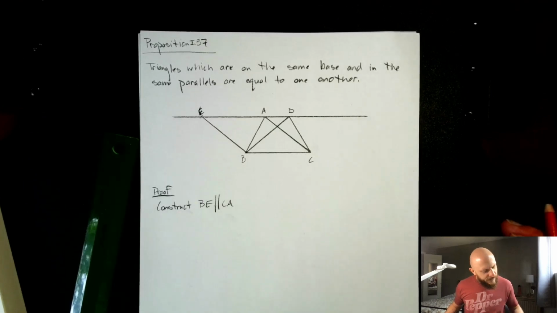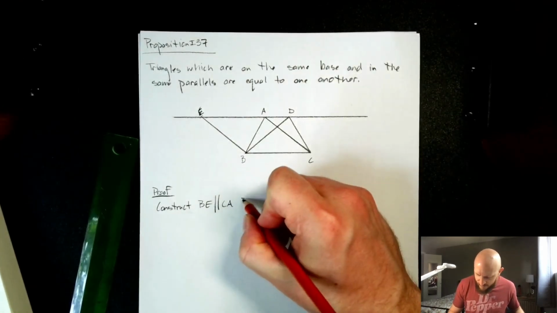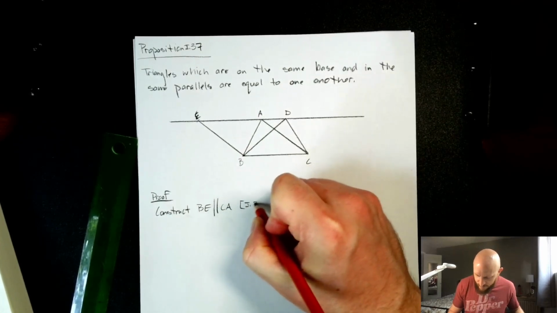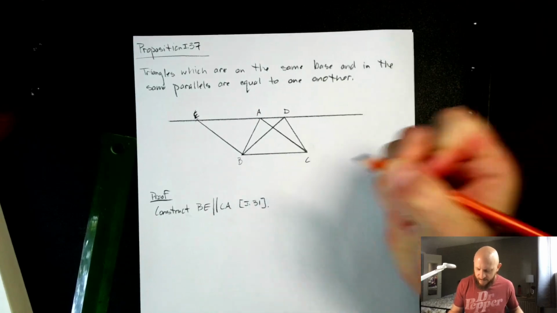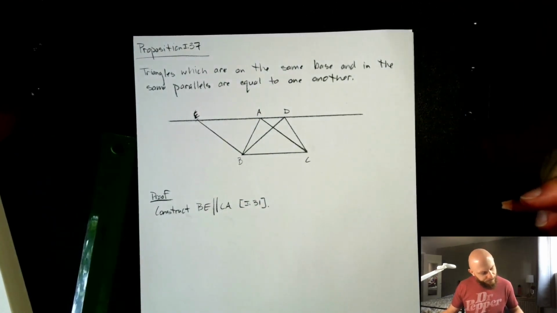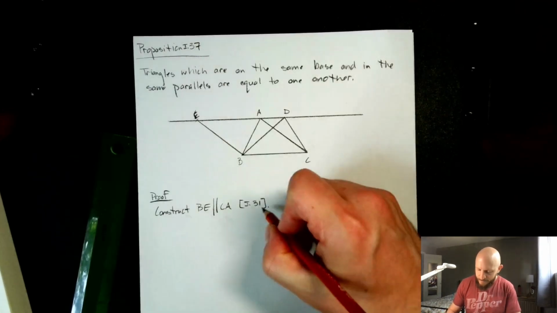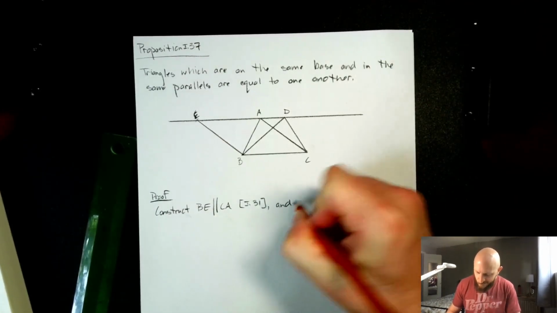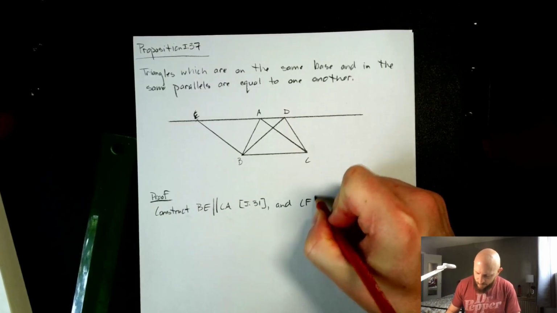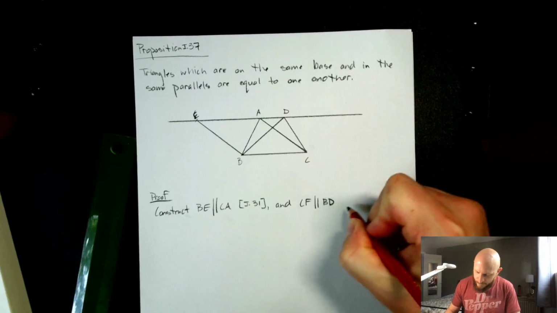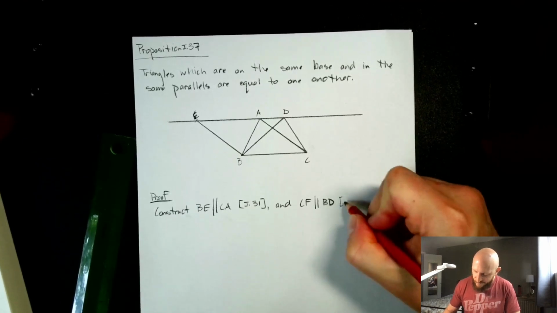Right. And I suppose we should justify that. That was Prop 31, that allows us to make parallel lines like that. And similarly, we want to draw CF parallel to BD, which is, I guess, also Prop 31.